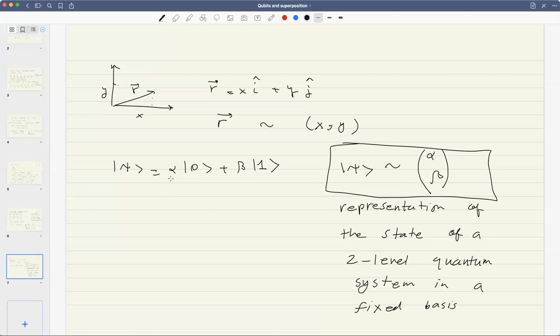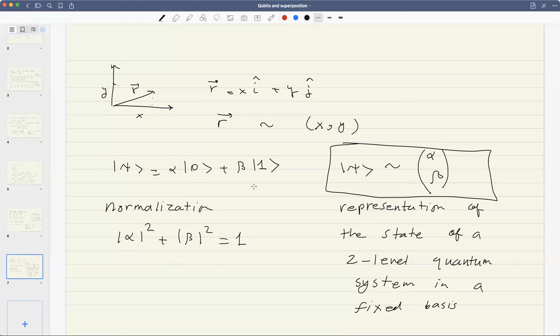So let's think a little bit more about alpha and beta. We can think about parameterizing them in a way that guarantees normalization. So again, normalization means absolute value alpha squared plus absolute value beta squared is 1. Right, so alpha and beta are two complex numbers, right? So there are 4 real numbers. Each of them has a real and an imaginary part.